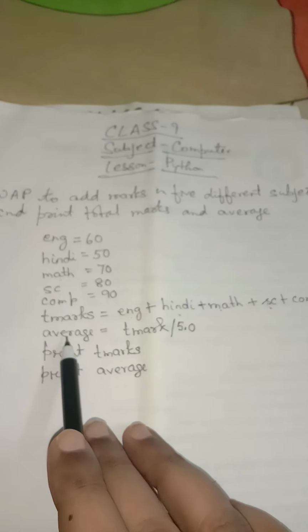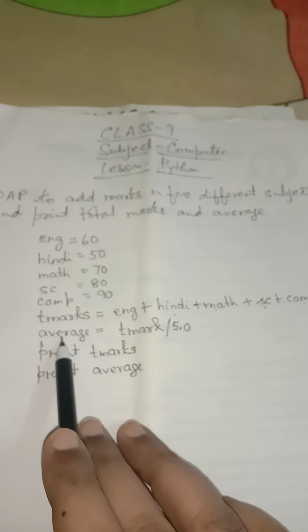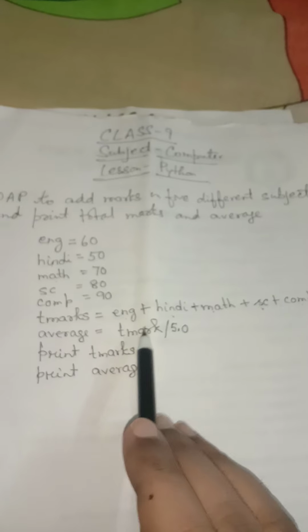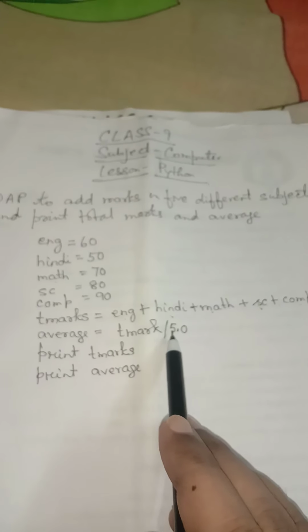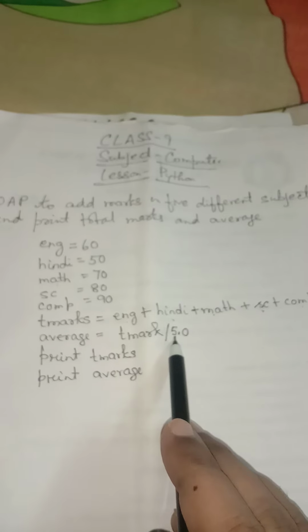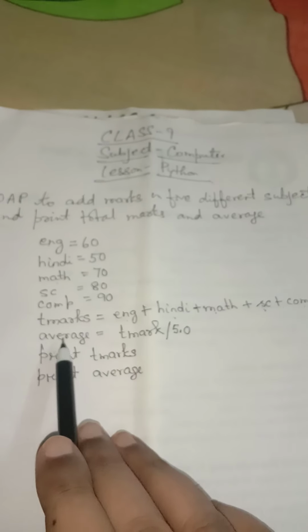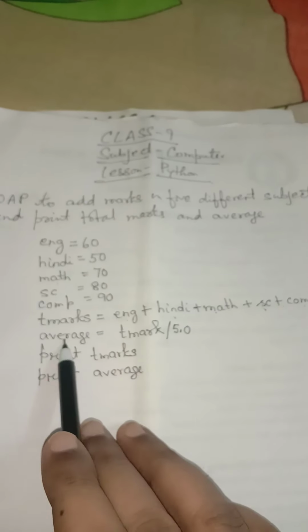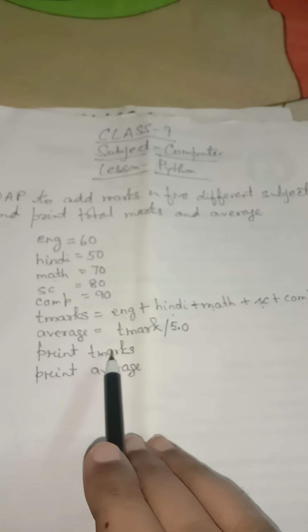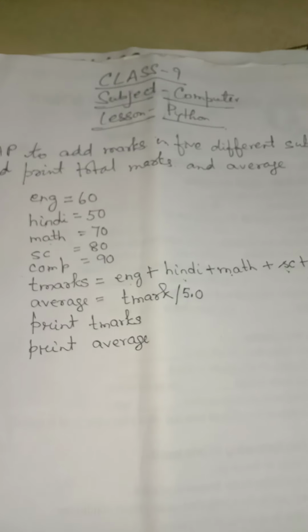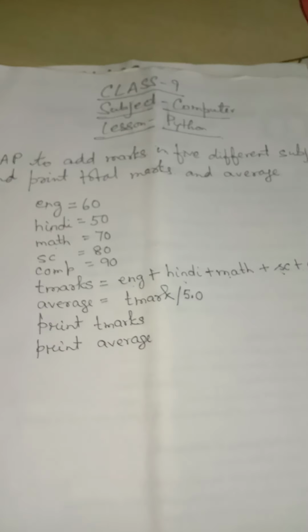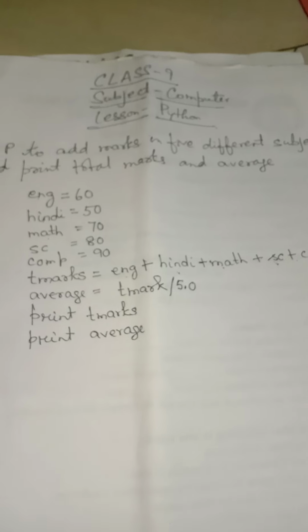I have also taken another variable named average. The total marks will be divided by 5.0 since we are taking the marks of 5 subjects. So after dividing, the answer will come in the average, and now I have printed the total marks and average over here. So this is a simple program to add the marks in 5 different subjects and to print the total marks and average. Thank you.